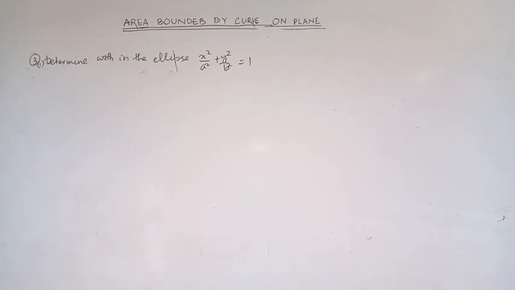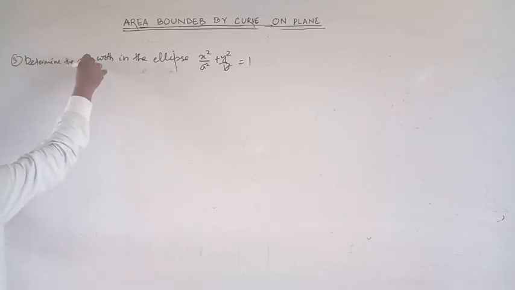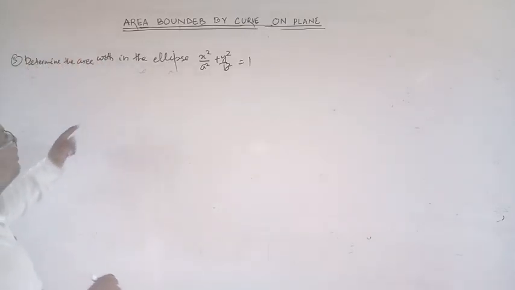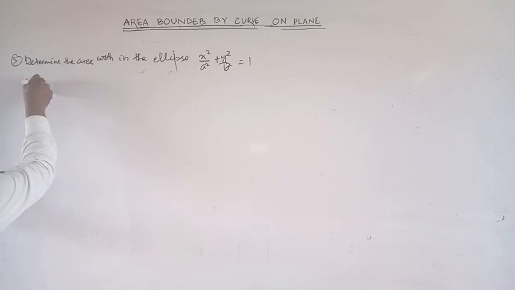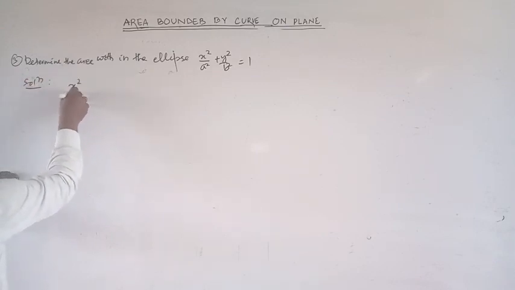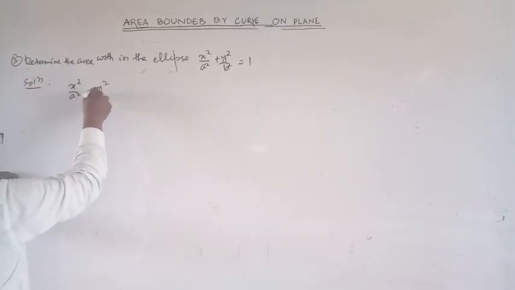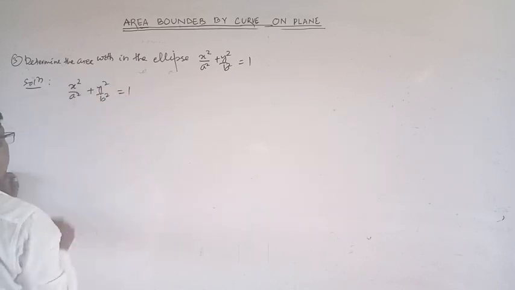Determine the area within the ellipse x square by a square plus y square by b square equal to 1. Solution: x square by a square plus y square by b square is equal to 1.